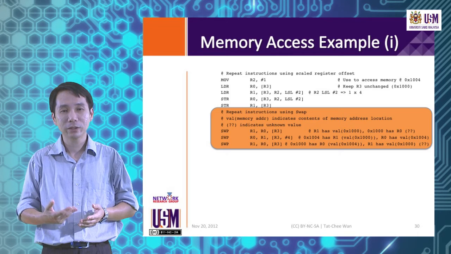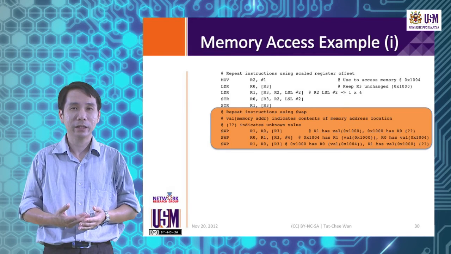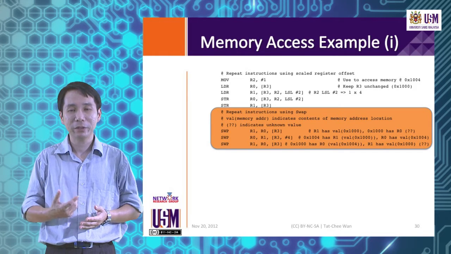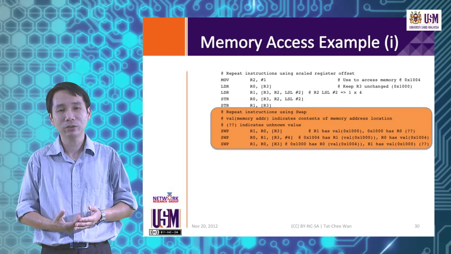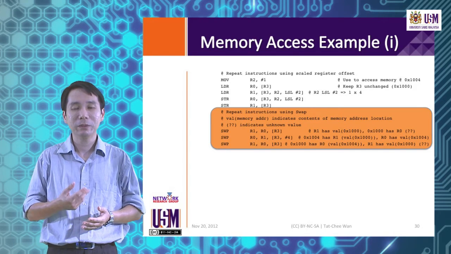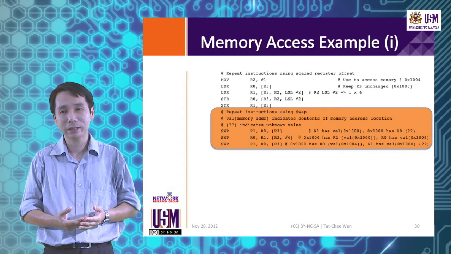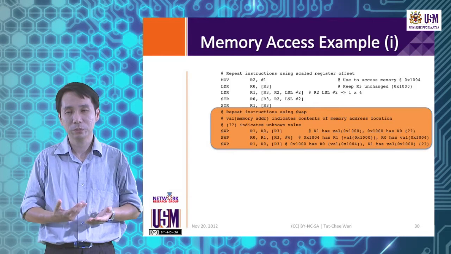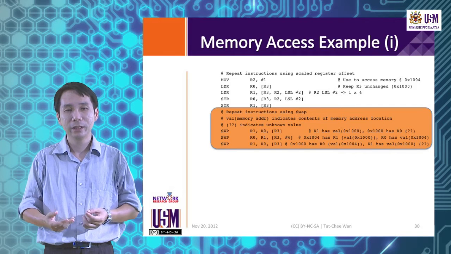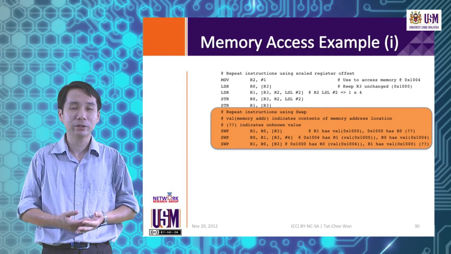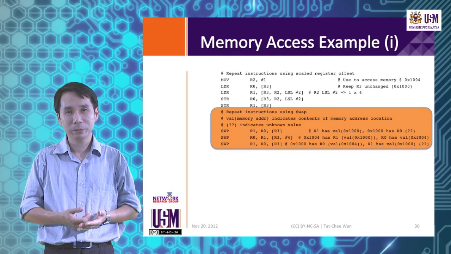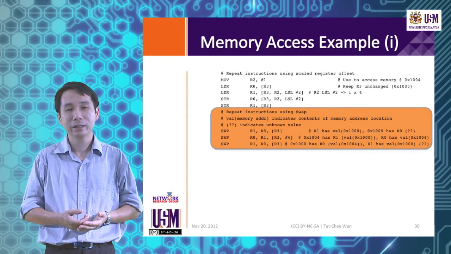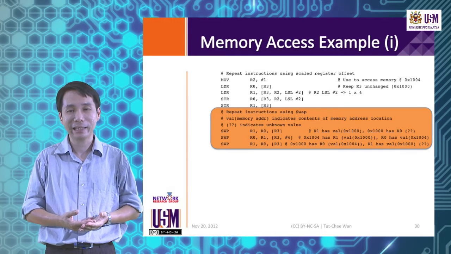The first statement, SWP R1, R0, [R3], will load the value in memory address location 1000 hex into R1, and now memory address location 1000 hex has the contents of R0, which we do not know the value of at this moment.